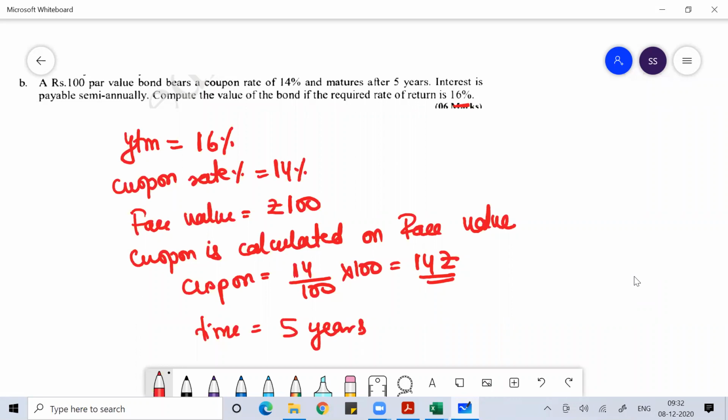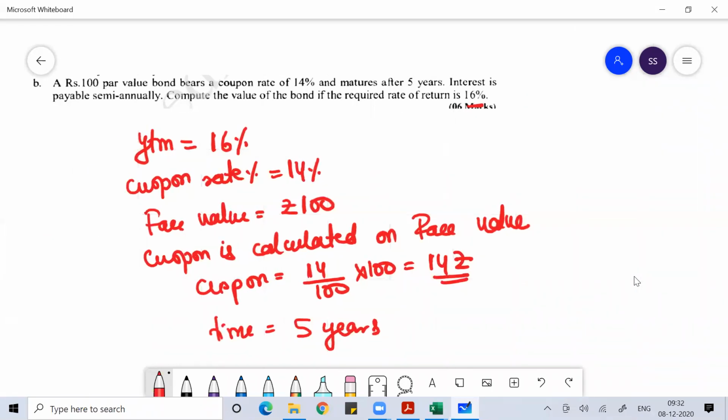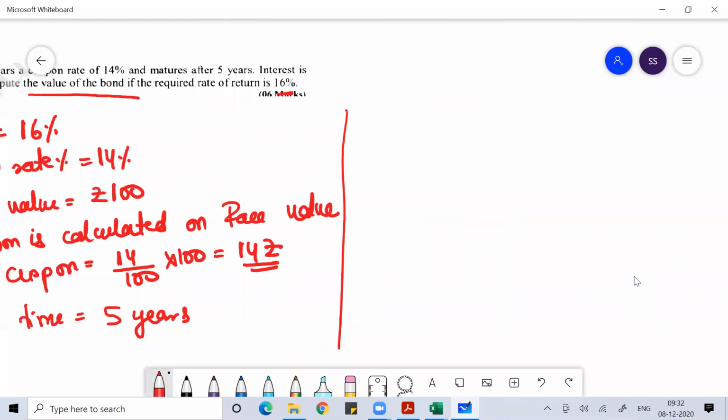So here we are discussing the formula of the price. What is the price of the debt instrument? What you have to find is the value of the bond, which means you have to find the price of the bond.